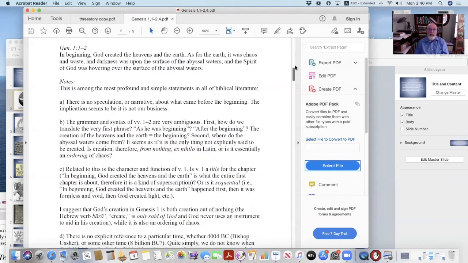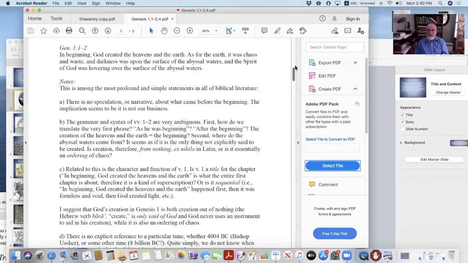We may speculate, but it is simply that. I think the implication is that it may not be our business to know what God was up to before the beginning. The book of the Bible simply begins by saying, in beginning, God created. And that's where we begin as well.